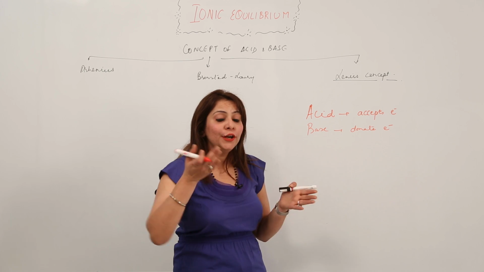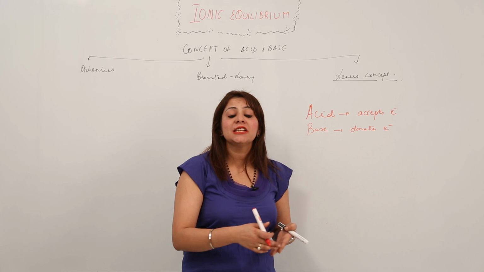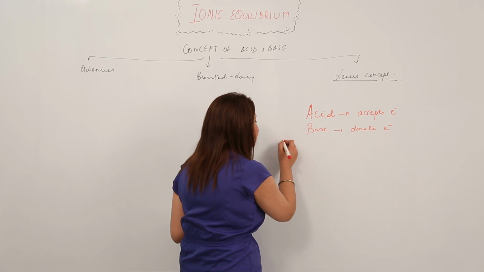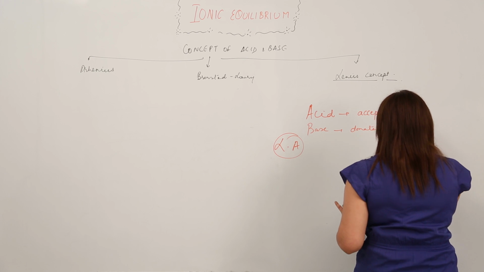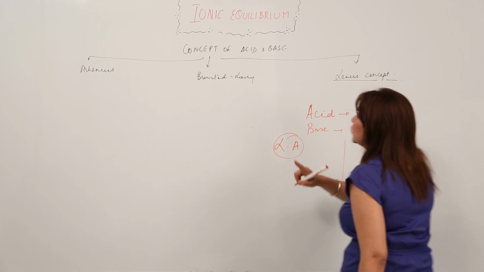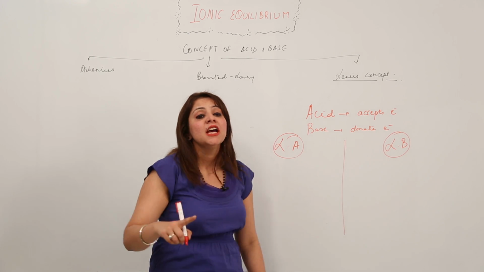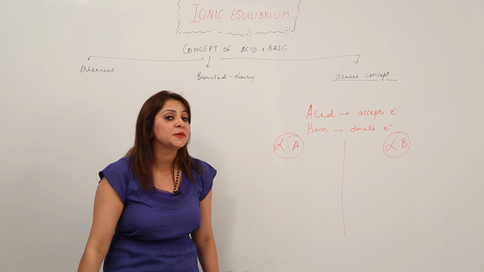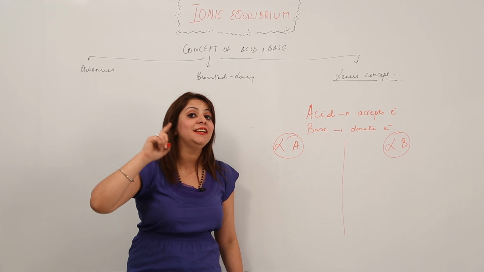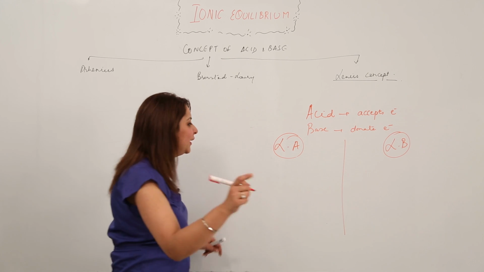So now according to the Lewis, which substances are going to act as Lewis acid and which substances are going to act as Lewis base, right? So the one which will act as a Lewis acid, that means they have to accept an electron. So we have to focus on those substances which are in serious need of electrons. What are they?